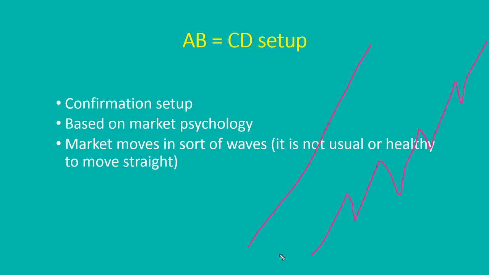It's not really usual for markets not to make pullbacks, and it's also not really healthy for markets to do crazy movements like this without any pullbacks. And with the ABCD setup, you are looking for places where the price will make those pullbacks.